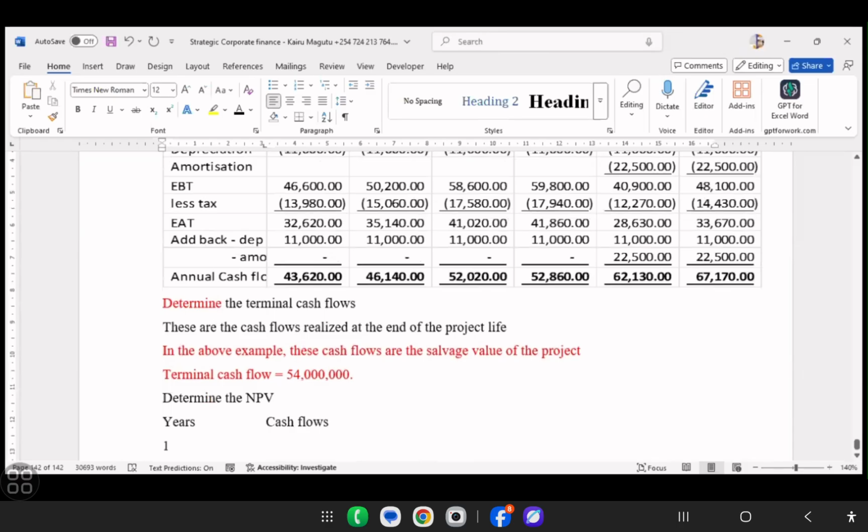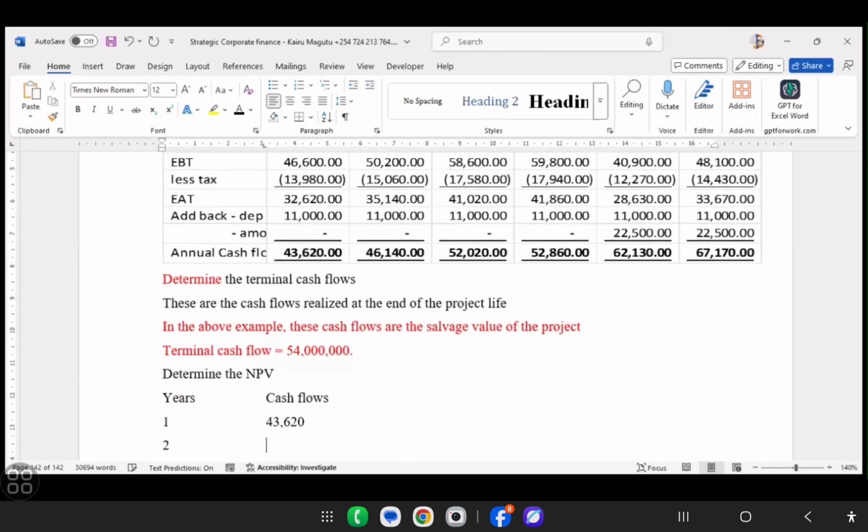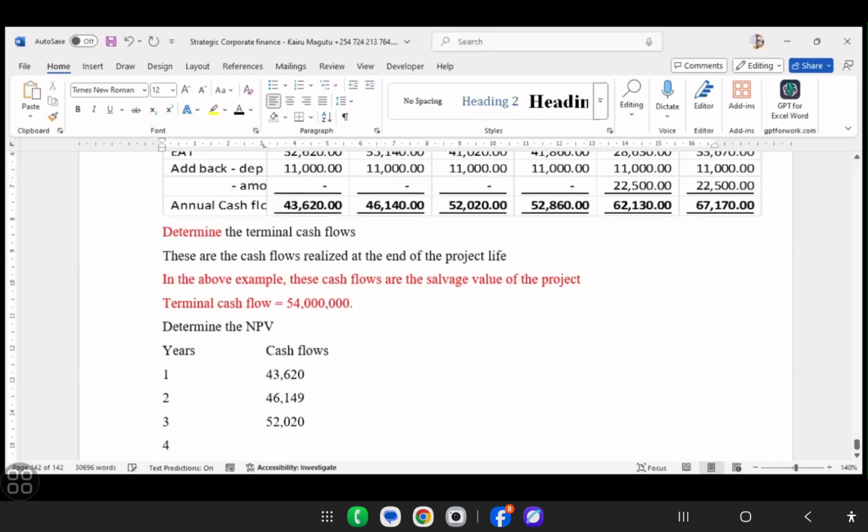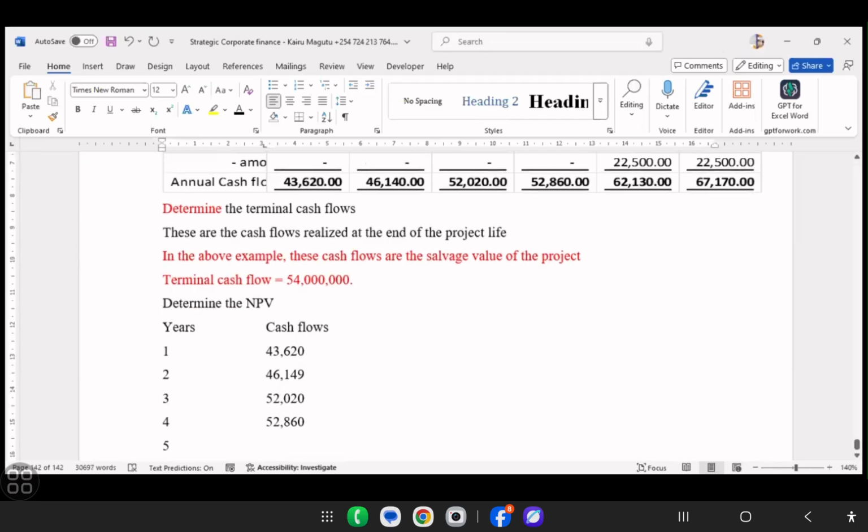$43,620, $46,140, $52,020, $52,860, $62,130, and the last one is $67,170.